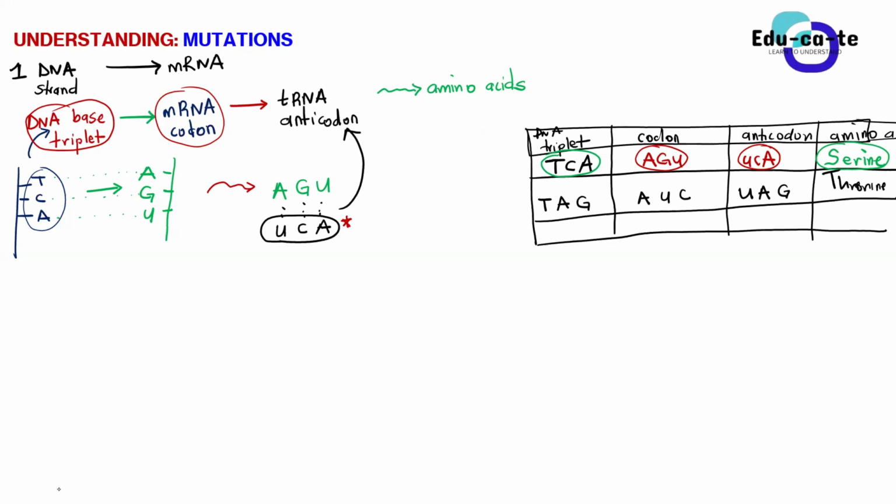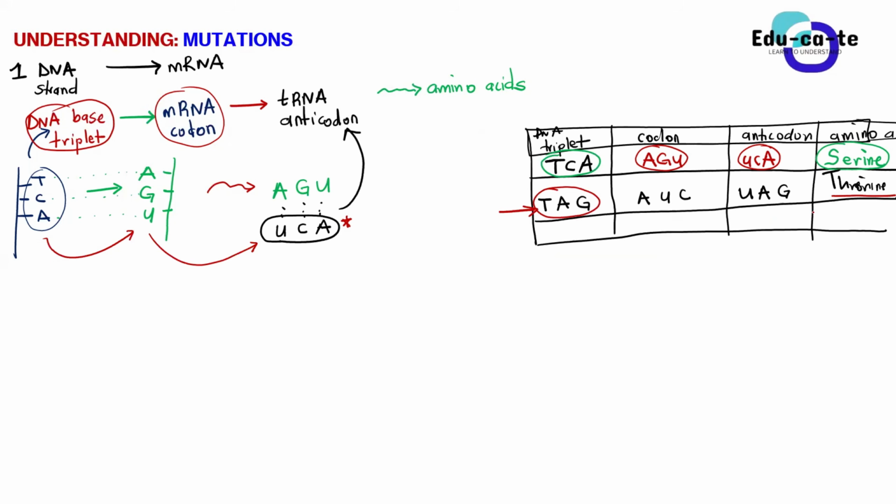So this means that the base triplet TAG wants to find a 309 amino acid, because at first that base triplet will form a codon, then the codon will look for an anticodon, then the anticodon is on the tRNA, so it comes with a particular amino acid. So we can say that this TAG from the DNA-based triplet is coding for the amino acid 309.